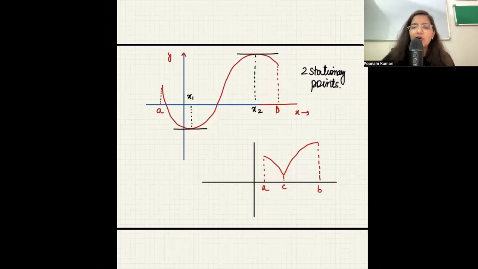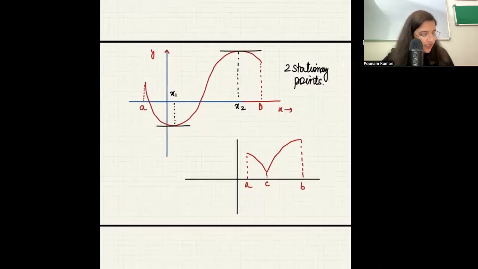So at point C, the derivative of this function doesn't exist. And basically, I don't see any point wherein the derivative is equal to 0. So there are no stationary points here.